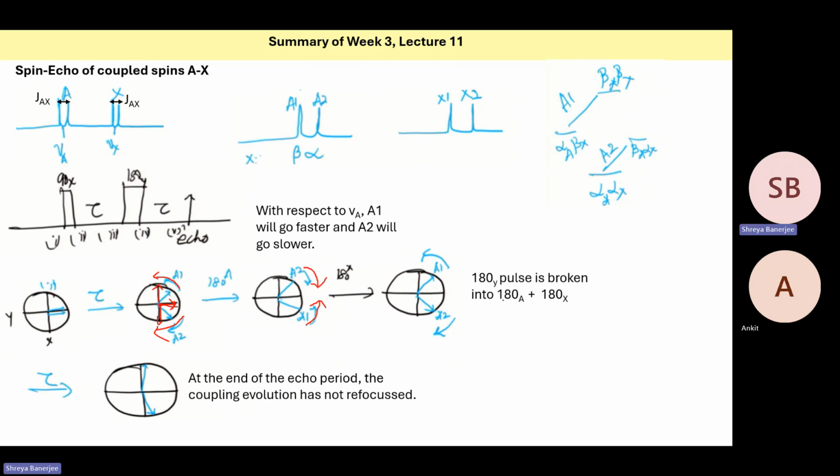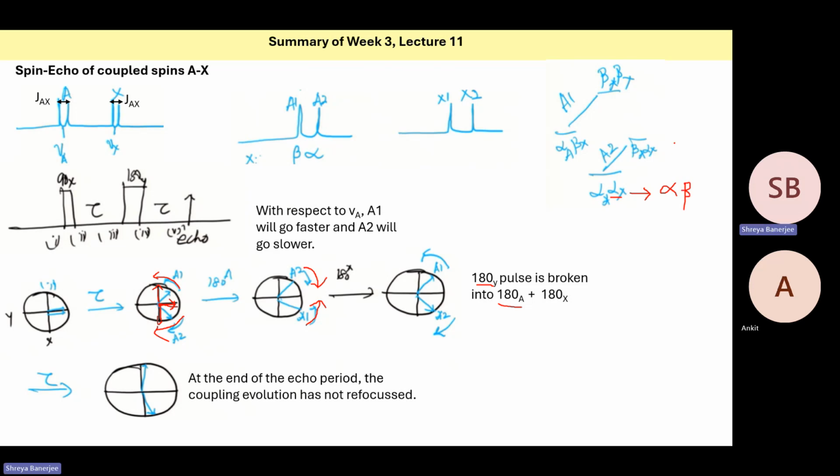Now, out of the 180y, we have so far applied 180A. If we apply 180x, the x component is going from alpha to beta.